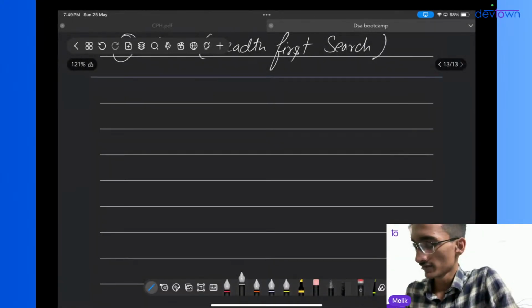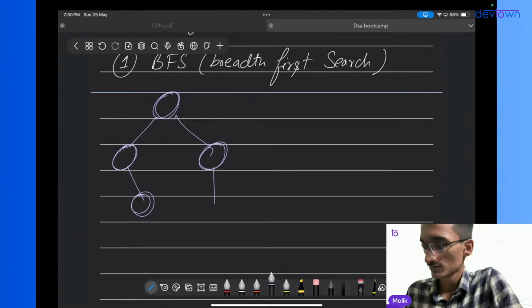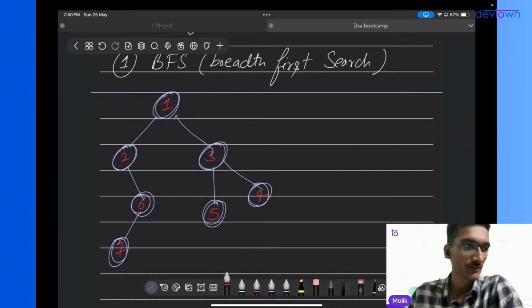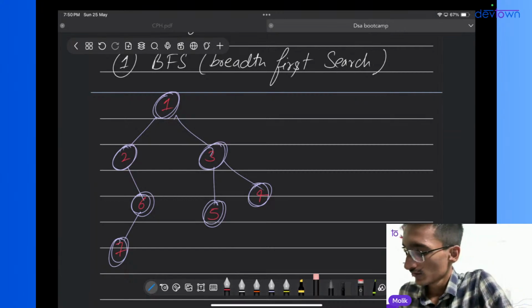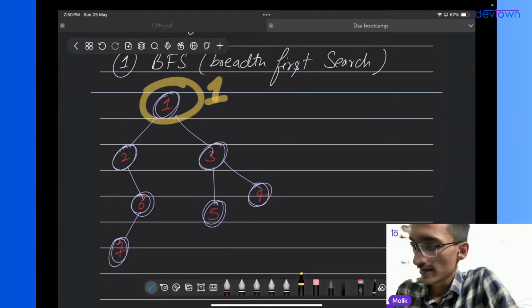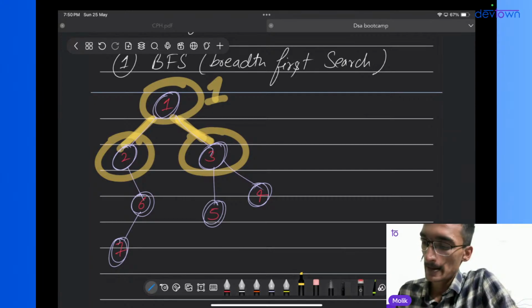So what do you do in a breadth first search? Let's say you have a source. What you do is, first, you process every adjacent node of the source, and then you process the next adjacent nodes.